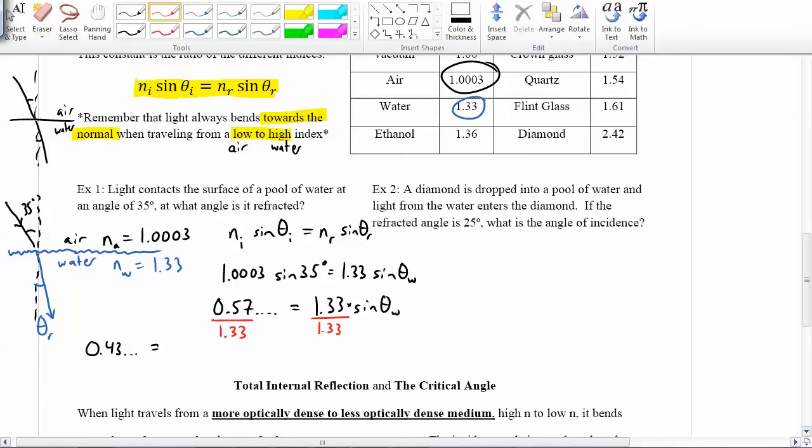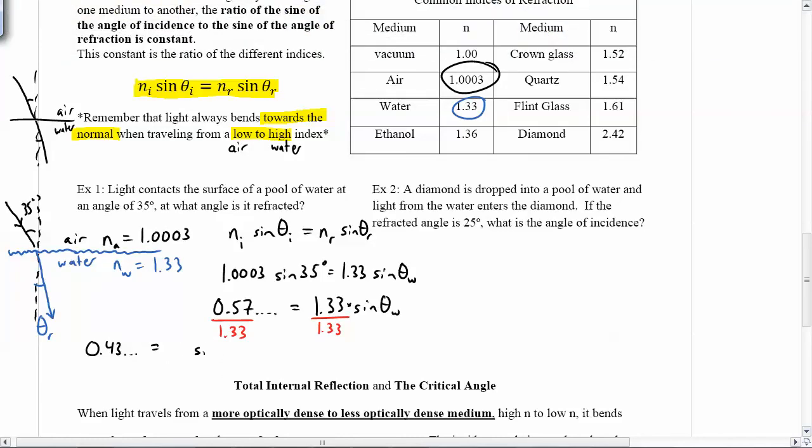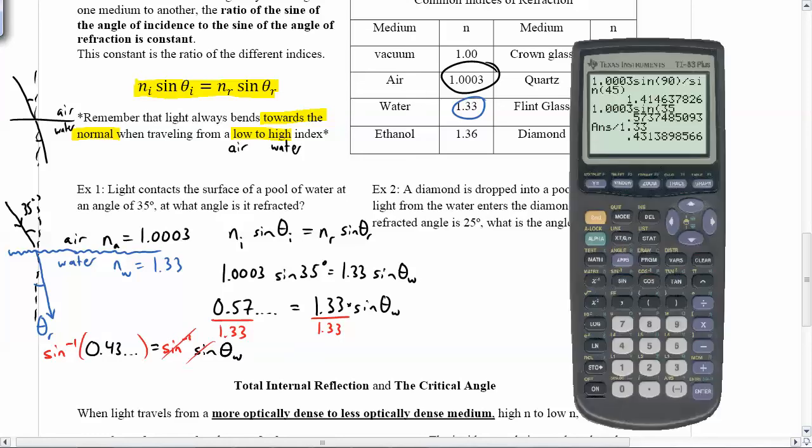The opposite of sine is sine inverse. If I do sine inverse on both sides, then sine inverse and sine cancel. So whenever you're trying to solve for an angle, you're going to use the sine inverse. You push the yellow button and then sine, so you get the sine inverse.